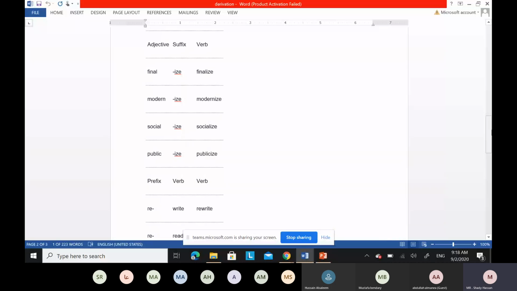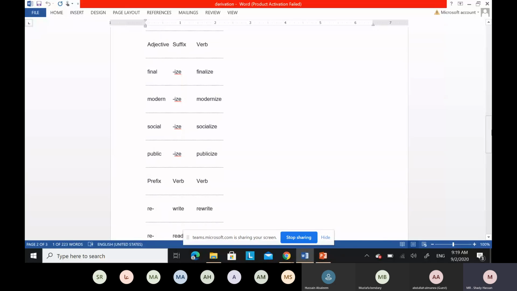You can add ize and it's gonna be finalize. Finalize is the verb. So I get a new word from the word final. This is simply, guys, derivation. When you get new words of one word, so this is derivation.